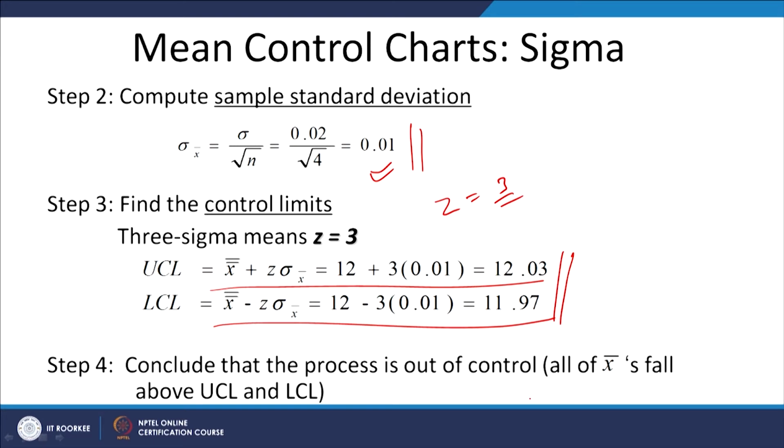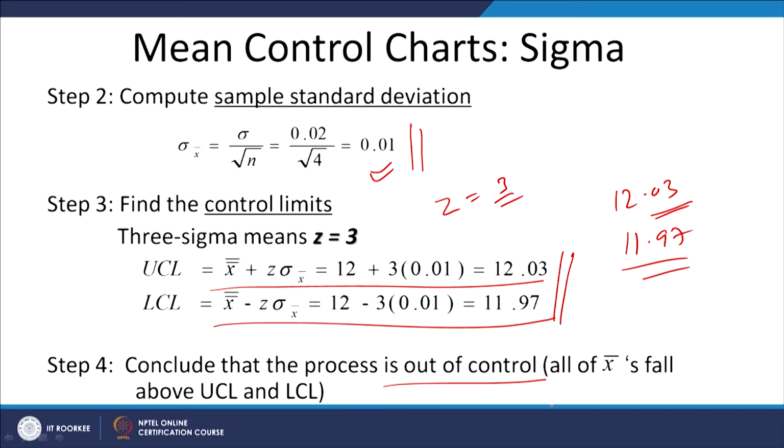So, in this case what we can see, the upper control limit is at 12.03 and lower one is at 11.97. Since a few values are beyond the 0.03 value, it will be concluded that the process is out of control.